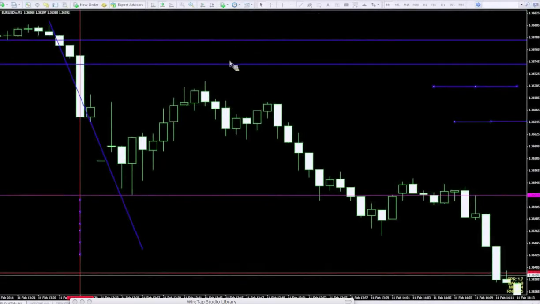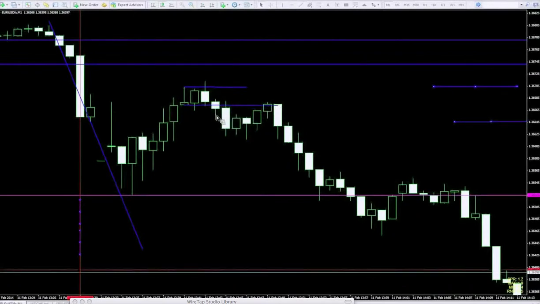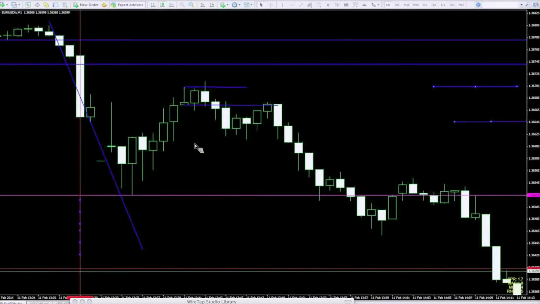So just as we did on the 15-minute chart, we mark this high and we mark this low. And now we're waiting for a break below that trend line. Our bias is short because we want to take the trade below the low of the 15-minute candle.